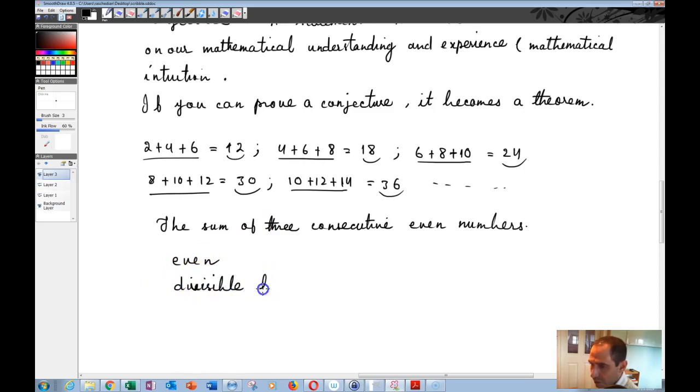Of course, you could say that it's based on nothing, because you might keep on going and somewhere along the numbers come across 3 consecutive even numbers whose sum is not even, or not divisible by 6, or whatever other conjecture you have made.